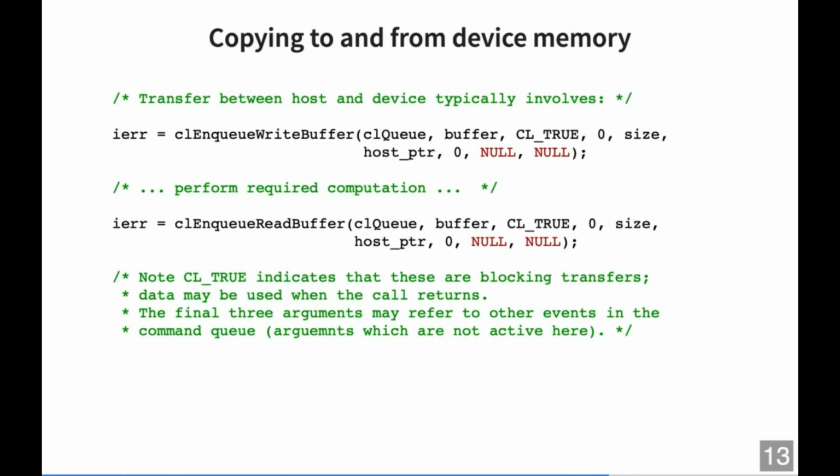So clEnqueueWriteBuffer, the first argument of which is this cl_command_queue, which again is an OpenCL queue object, which again I have assumed to have created in the previous step. The buffer is the device memory reference.